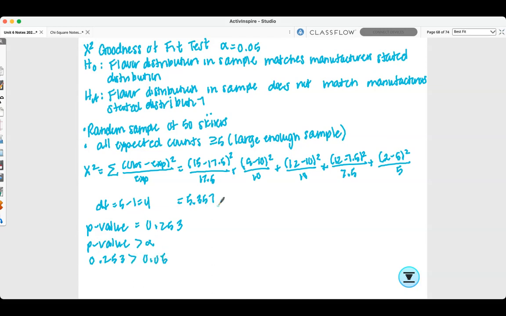So we would fail to reject the null hypothesis. Not enough evidence to suggest the flavor preference distribution in the sample differs from the manufacturer's stated distribution.